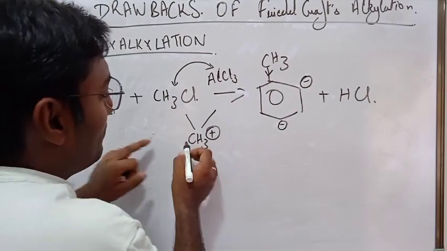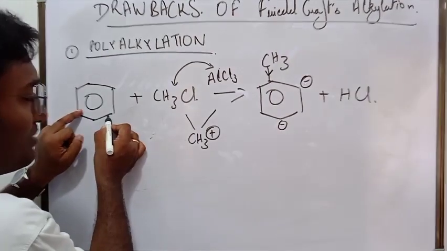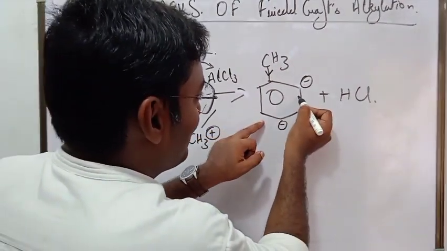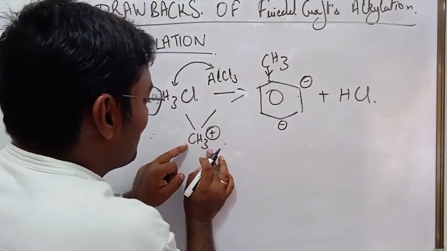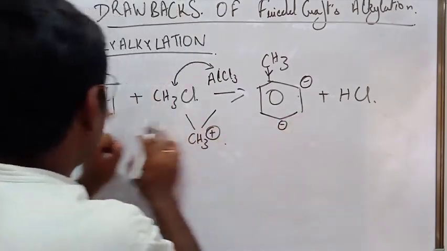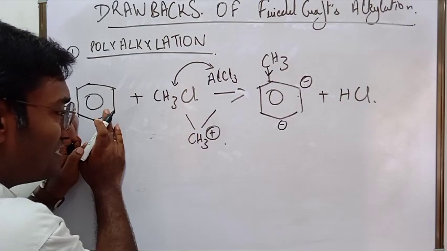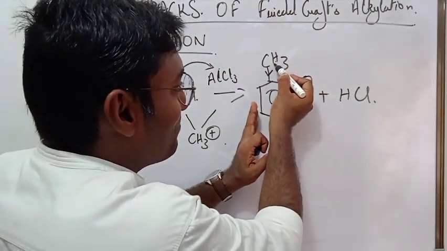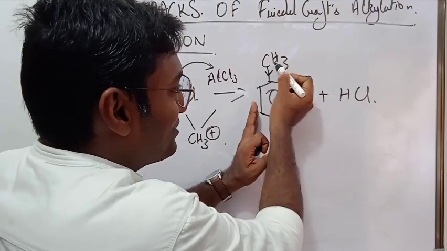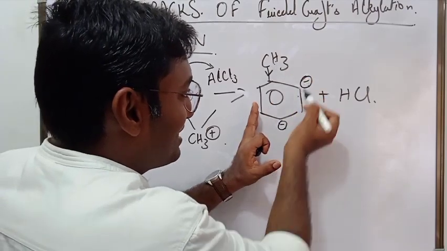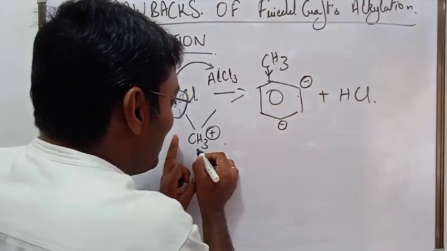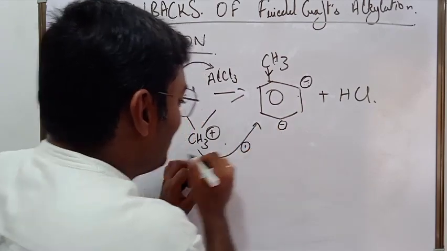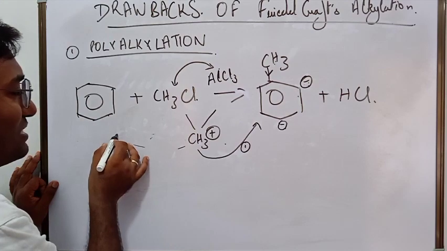Whether it will attack this benzene ring or this toluene. Of course it will attack toluene, because here the electron density is less, but here the electron density is more because the electron pushing group is also there. So electron density has increased at these positions. So it will have a natural preference to attack toluene, right? It won't attack benzene at that pace.